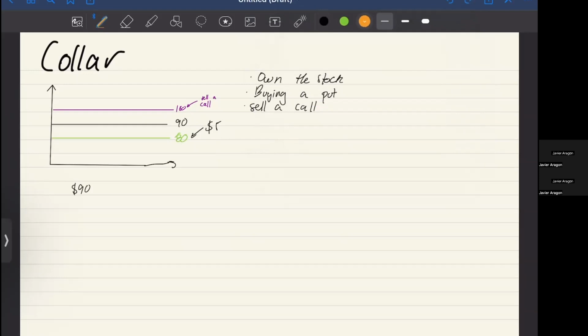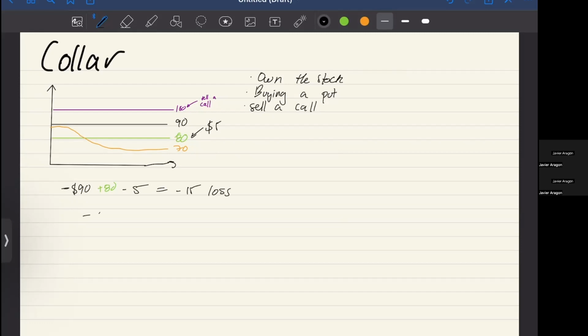So what happens? The next day, say the market is at 90 and it suddenly tanks and goes down to 70. So you go ahead to the guy you bet against and you tell them, hey, I want to sell my stocks at $80. So you bought these at 90, you sold them at 80, and this cost you $2. So that was a $15 loss versus what could have happened if you didn't have it.